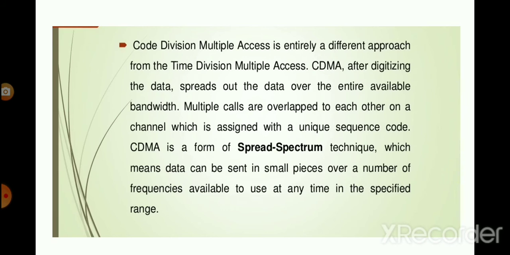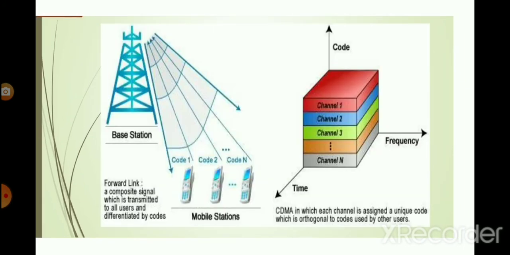CDMA is a form of spread spectrum technique, which means data can be sent in small pieces over a number of frequencies available to use at any time in the specified range. Figure shows an example of code division multiplexing.